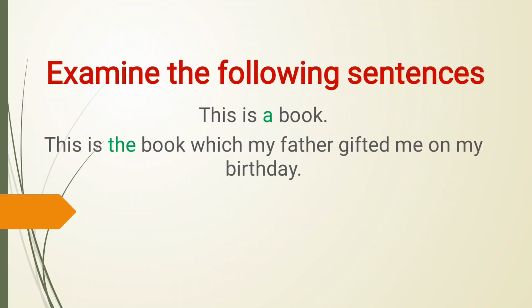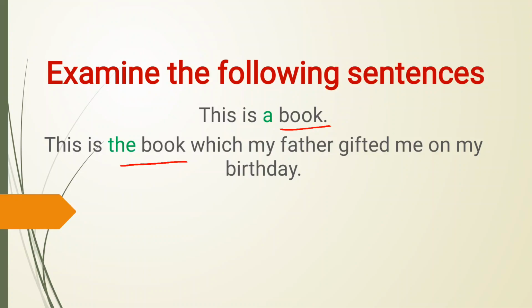Examine the following sentences. This is a book. This is the book which my father gifted me on my birthday. Now, what is the difference between this book and this book? Why have we used a here and the here? When we look at the first sentence, the book mentioned is not specific. It can be any book because no description of the book has been given.